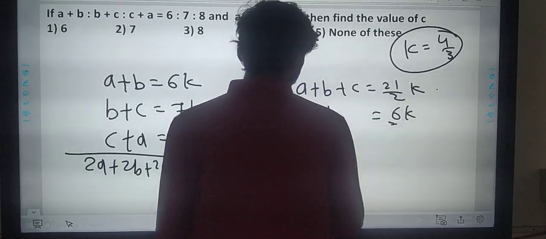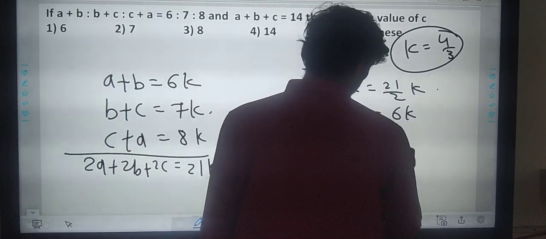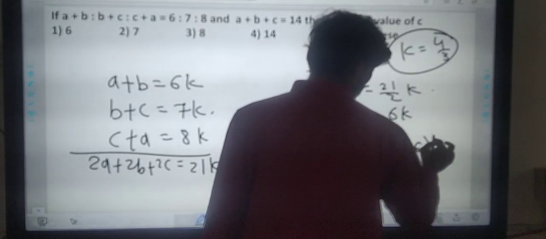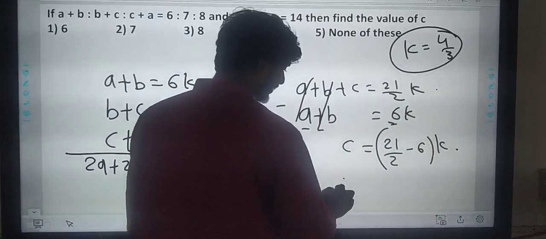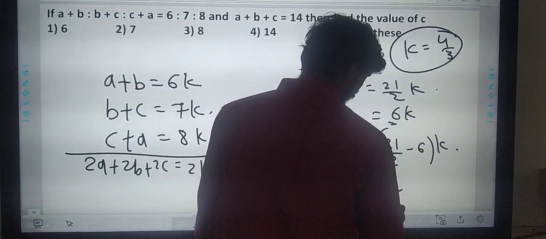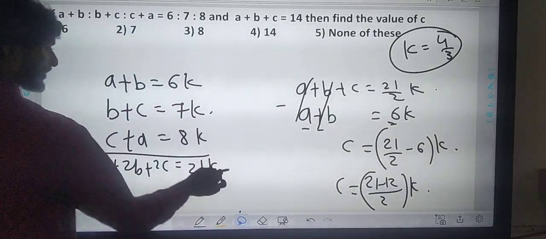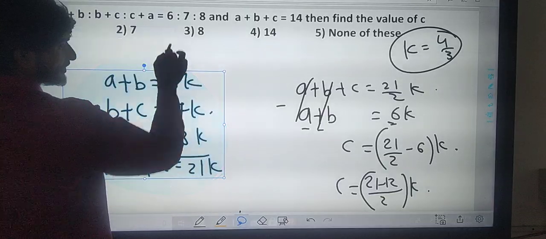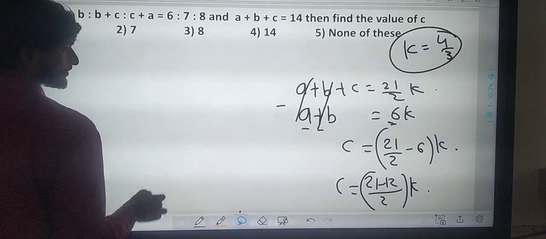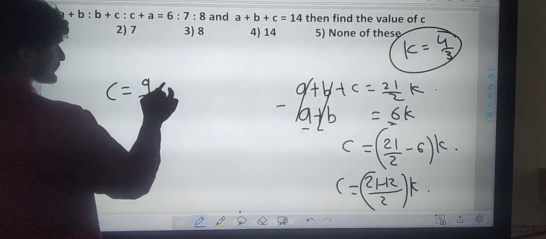Then here the minus sign, minus minus, gets cancelled. Here we get k common, then C is equal to (21 minus 12) upon 2 times k. We write 21 minus 12 is 9. C is equal to 9 by 2 k.